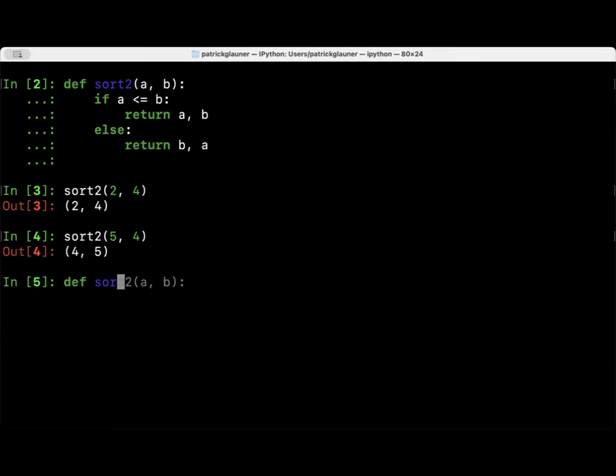So we can do sort three, A, B, and C. And this one you will see is already a little bit more complex. So we can say, what if A is greater than B? Then we would need to change the order of A and B. And this again can be done very easily in Python.